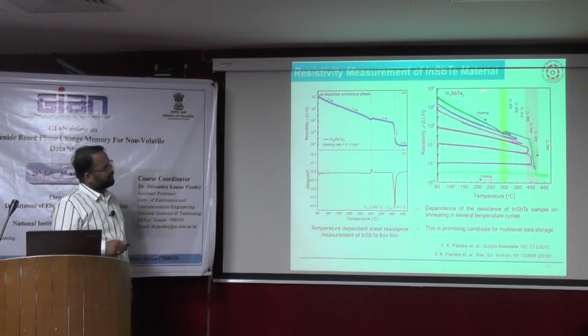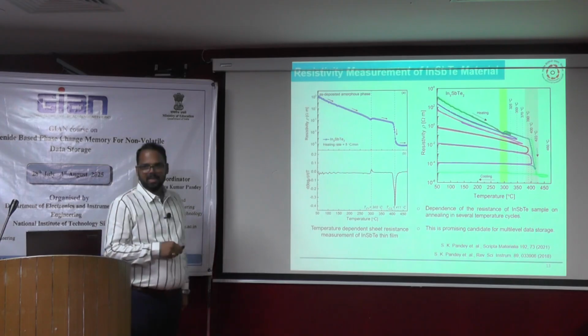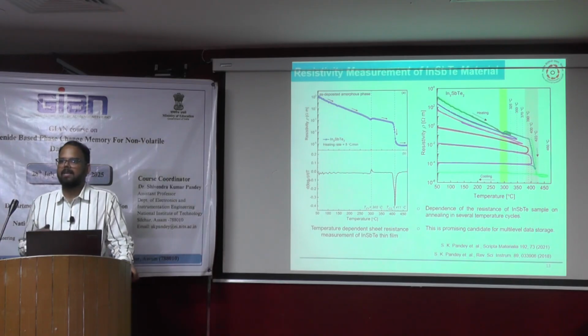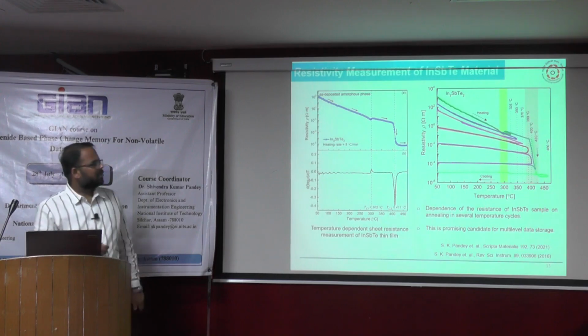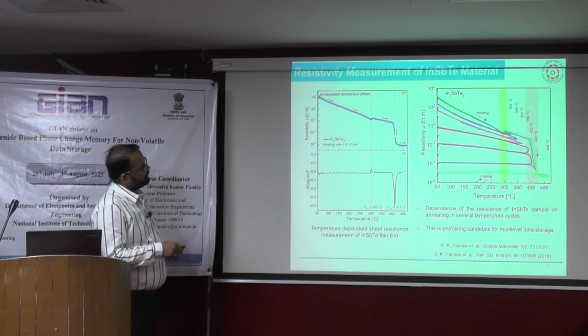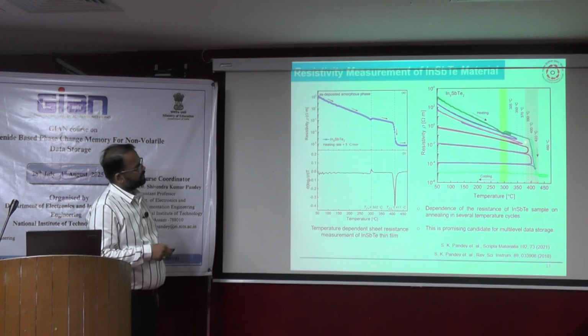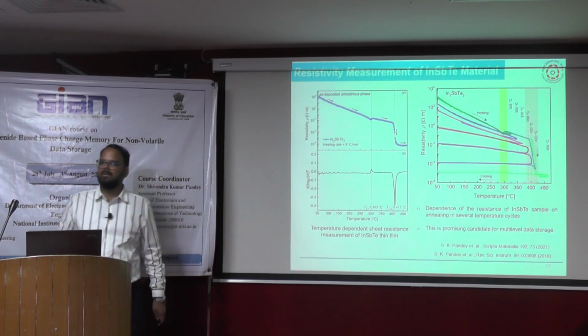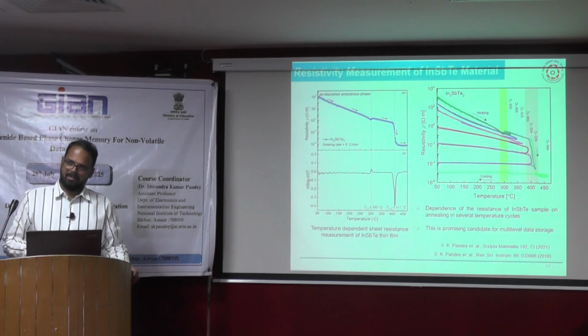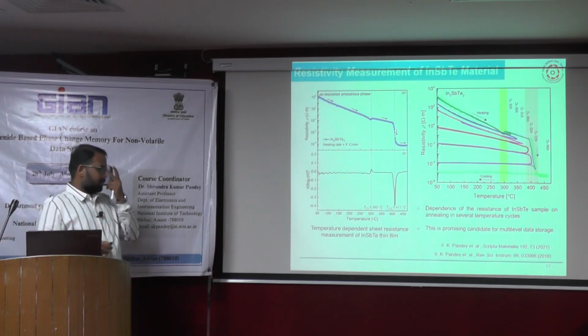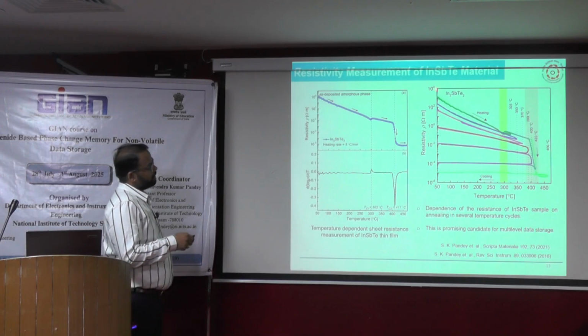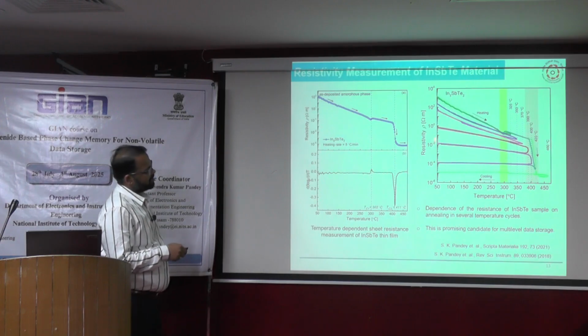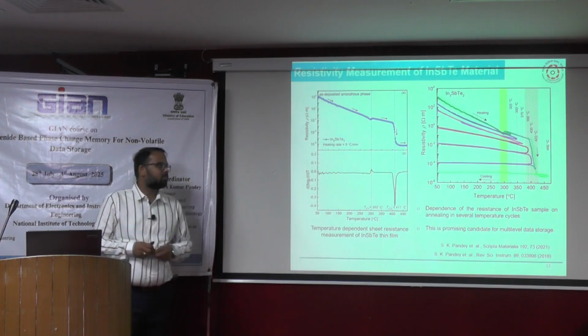Then we tried to identify whether this material can show a multi-resistance state or not. We annealed it, cooled it down, and subsequently checked it. The material settles down at one particular state; the resistance is on the higher side, and upon annealing the resistance state settles at a particular position.